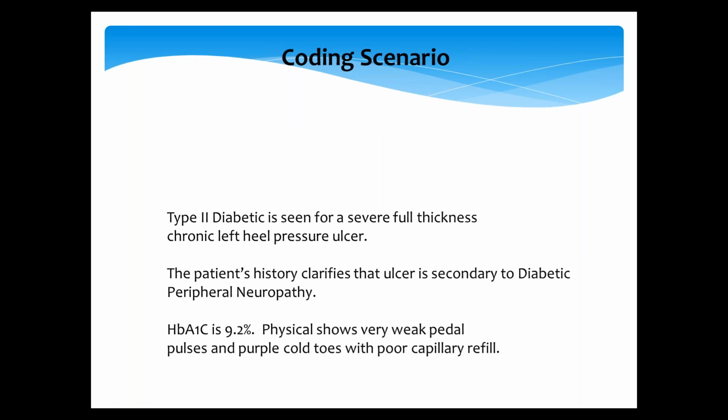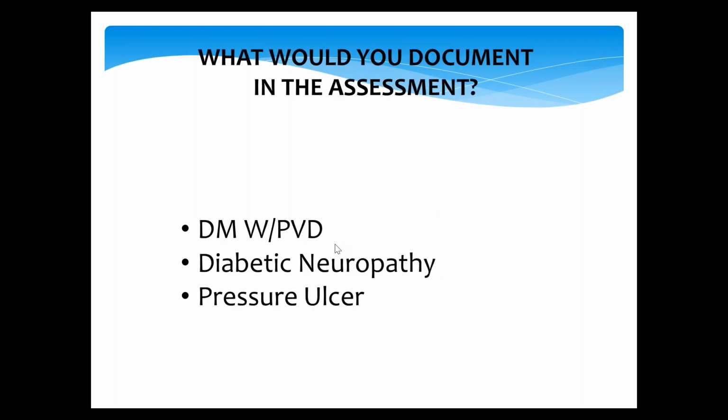Let's just look at this type 2 diabetic, who has a chronic left heel pressure ulcer. We say in the history, and it's very important, the ulcer is secondary to diabetes, the peripheral neuropathy, and hemoglobin A1C is 9.2. Exam shows weak pedal pulses with purple cold toes and poor capillary reflow. So how are we going to code that?